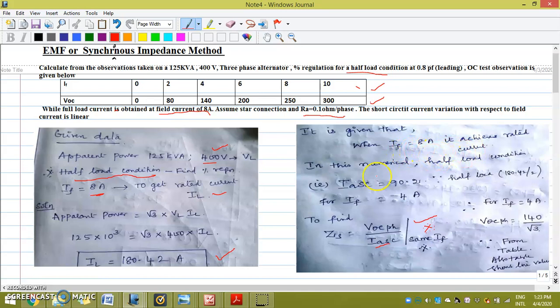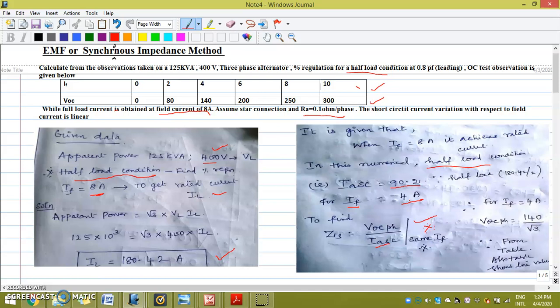This 180.42 is the full load condition. For half load condition, you know that it is 90.2. So when 90.2 is half load, obviously your field current also will be half. So it is 8 divided by 2, it is 4 amps.